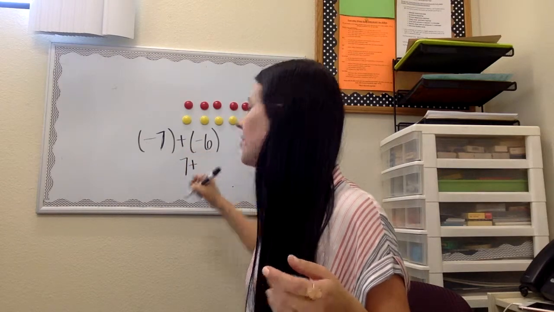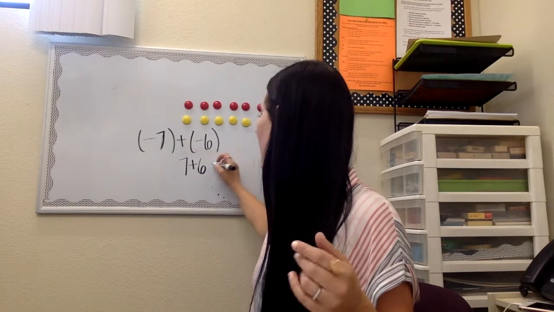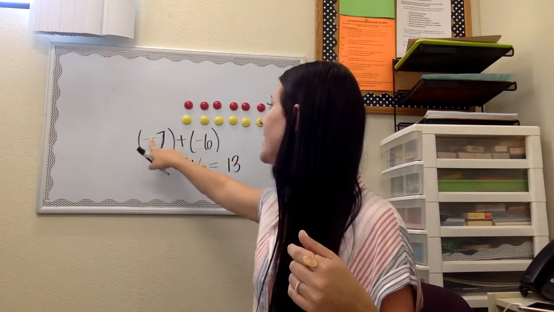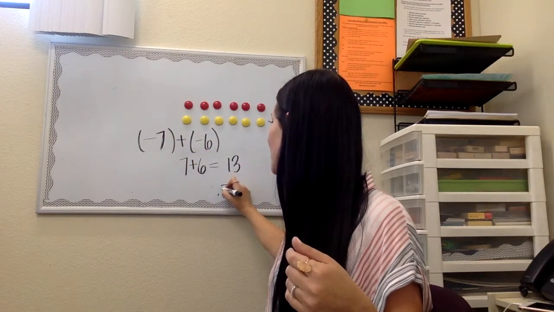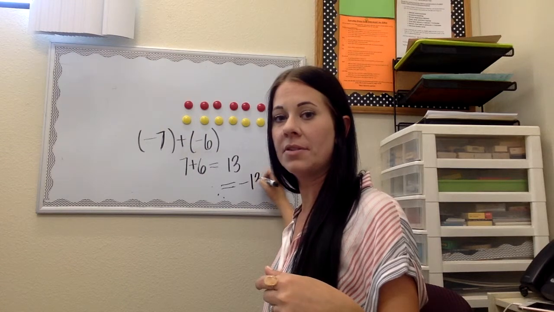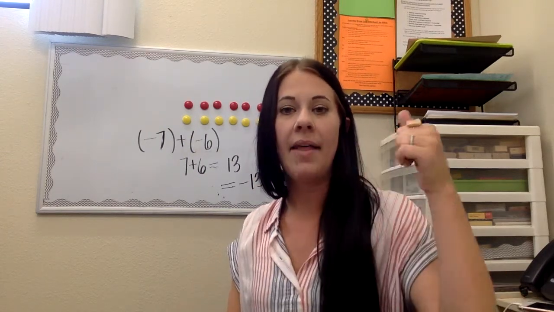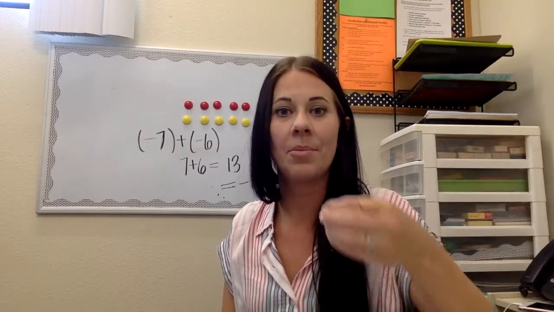And the absolute value of negative 6 is 6. When I add those numbers together, I get 13. And then I keep the sign of my original numbers, and my actual answer is negative 13. So again, you add their absolute value, and then you keep the sign of the numbers you had.